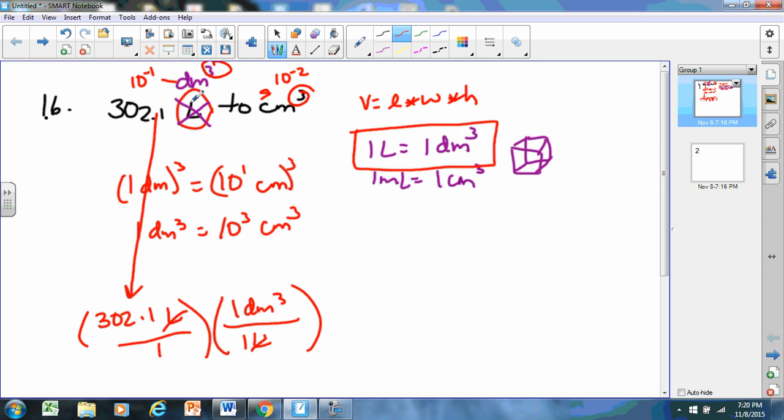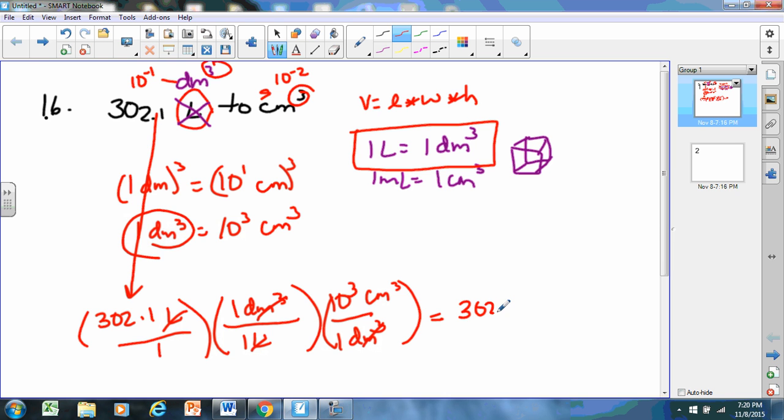I did it real quick up here, but never change the ending, always change the beginning, because if they want the final answer in cubic centimeters, you have to give it to them in cubic centimeters. 1 cubic decimeter is on the top, so 1 cubic decimeter has to go on the bottom. Once you do this substitution up here, it turns into a level 2. And so 302.1 times 1,000 is just going to move the decimal point over 3 places.